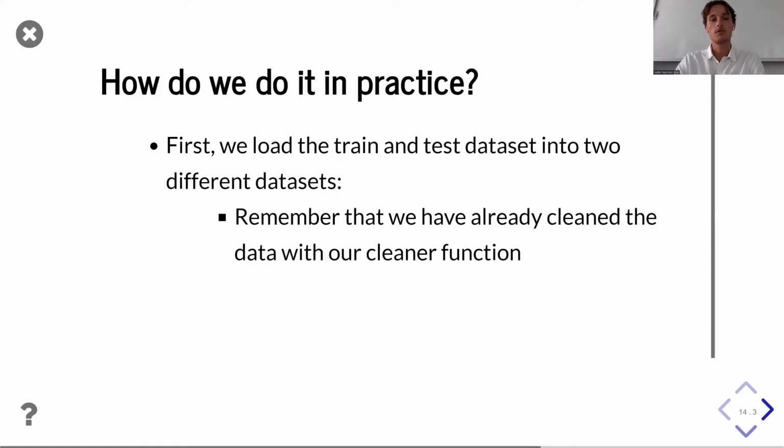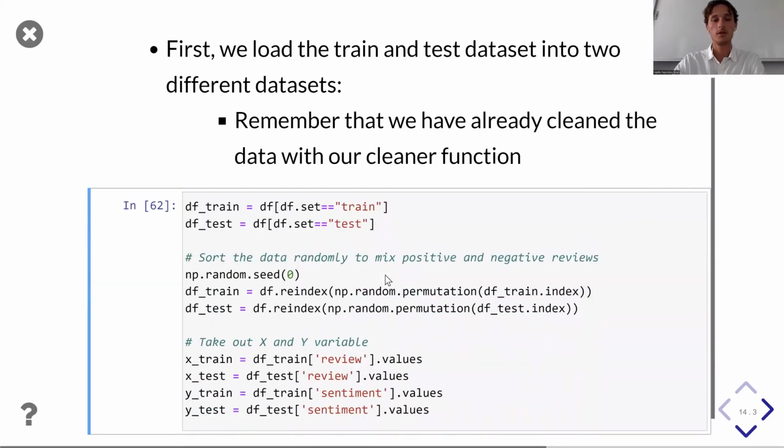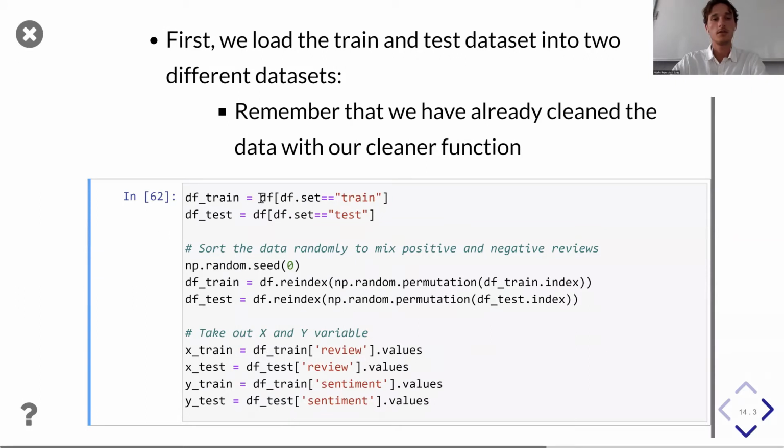But if you haven't done that, then you should do that before you move any further. Okay, so here first we split our dataset into a train dataset and a test dataset, and then we randomly sort our datasets.